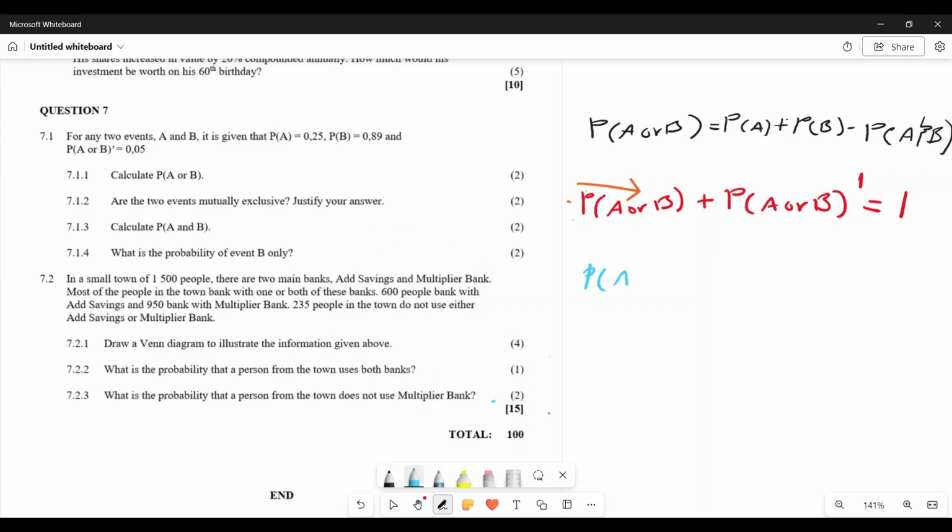I'm going to add it to my probability of A or B not happening, which is 0.05, and as a result this is equal to 1. So the probability of A or B happening will be equal to 1 minus 0.05. Punching that into your calculator, it should be equal to 0.95.